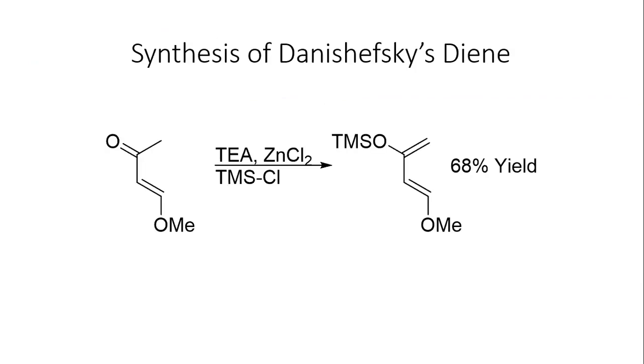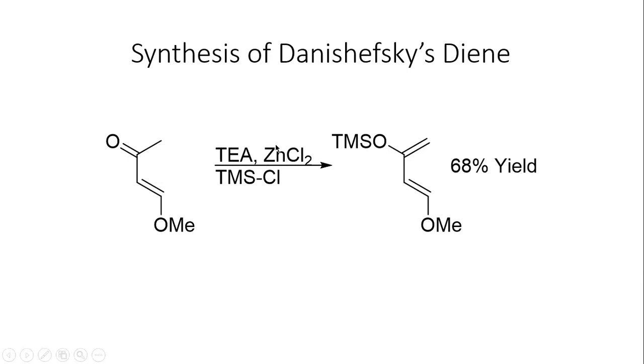Right. So the Danishefsky diene looks like this, right? You can actually start with this compound here. It's what they call a vanillagous ester, and it is commercially available, treated with triethylamine to enolize that alpha site. We've seen that before, right?